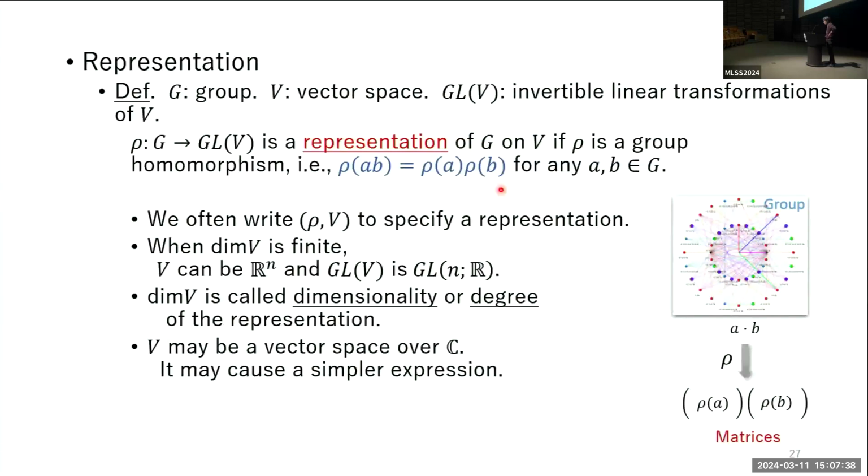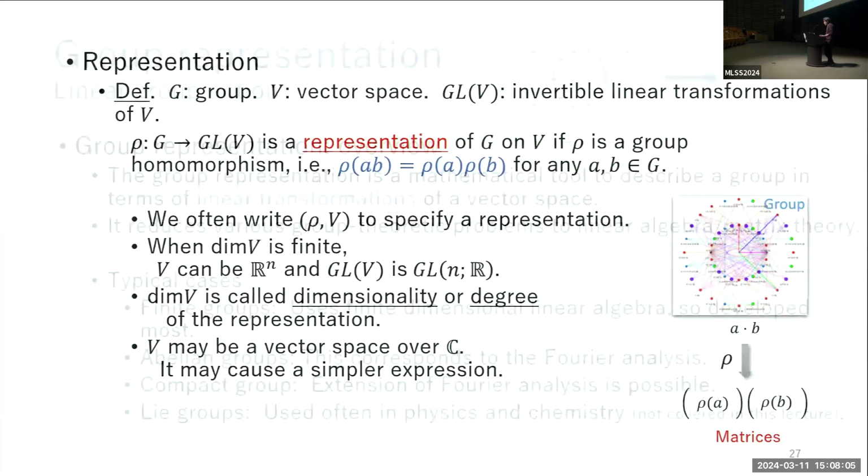And if we multiply some vector by this matrix rho(A) or rho(AB), then you can see that this is exactly the same as the definition of group action given by the linear matrices in this case.